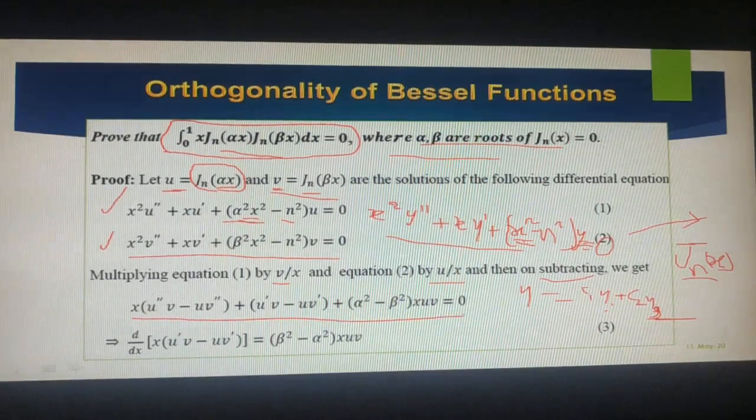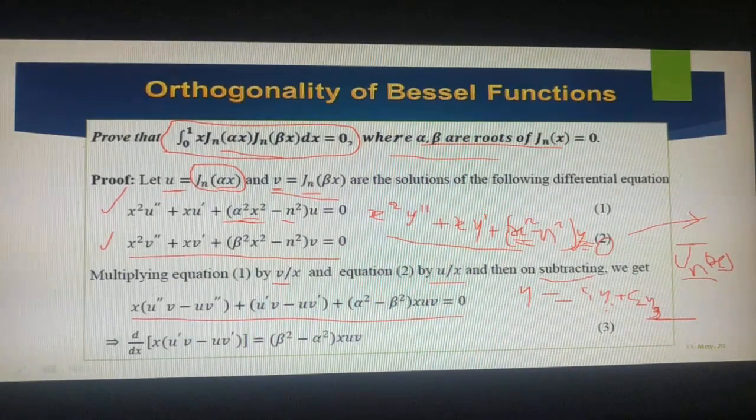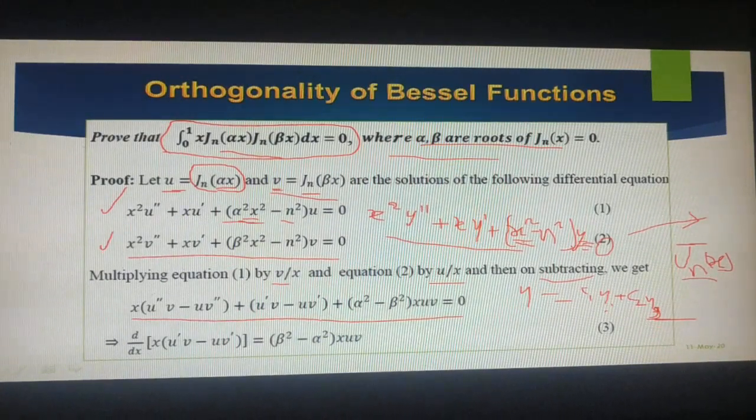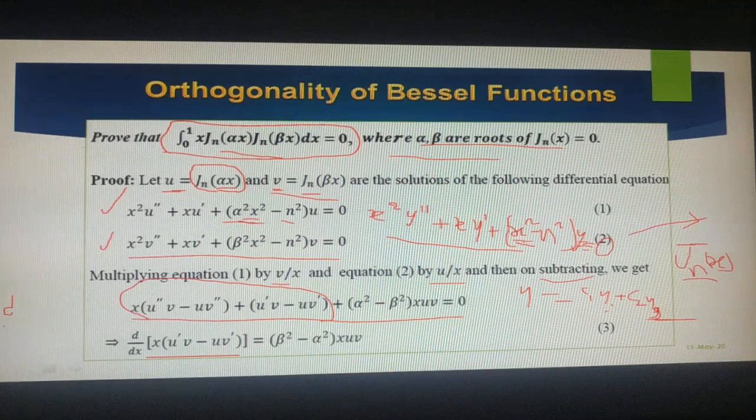If you see the first two terms, I am able to write them as d by dx of x times (u dash v minus u v dash). So it is the derivative of a uv formula, d by dx of uv.